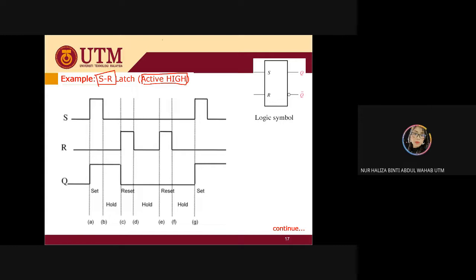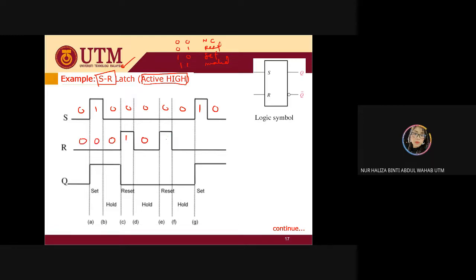If you still remember active high, you're going to have 0, 0, no change; 0, 1, reset; 1, 0, set; and 1, 1, invalid.